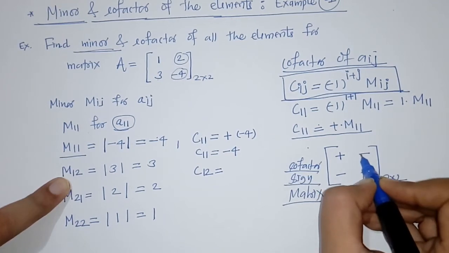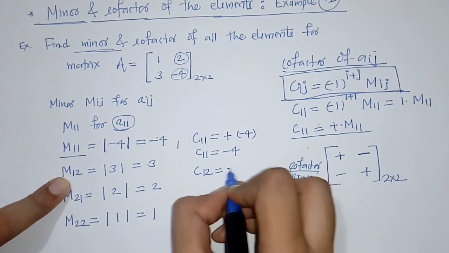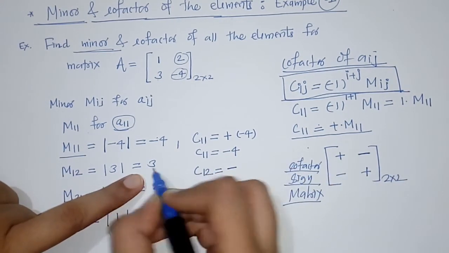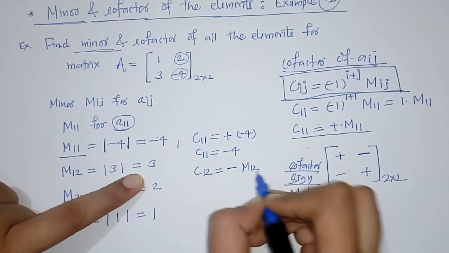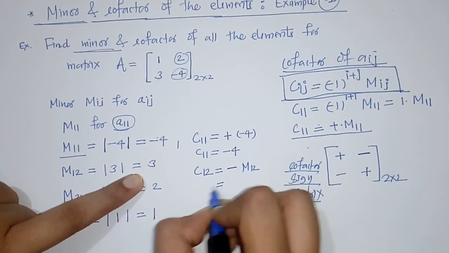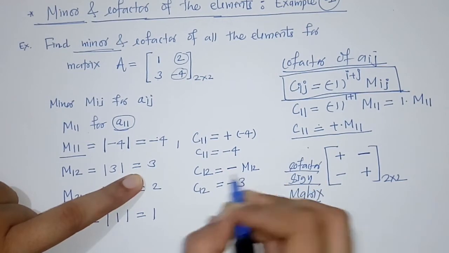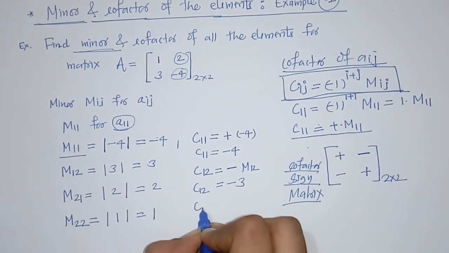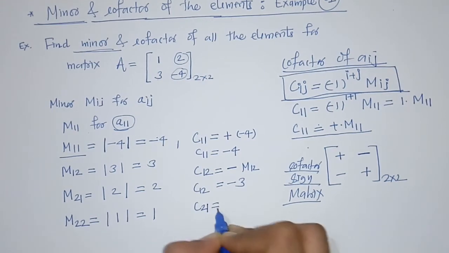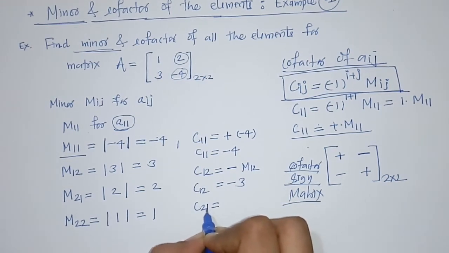What is the C12 cofactor sign? It is minus. So minus of M12, minus of that 1, we get C12 equals -3.